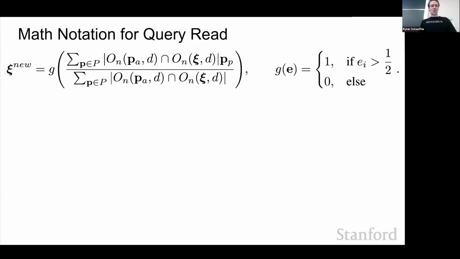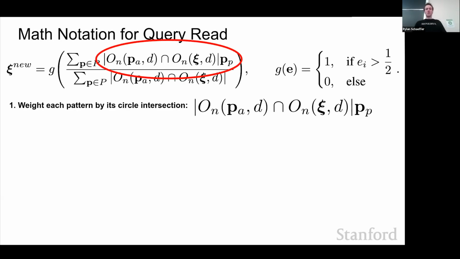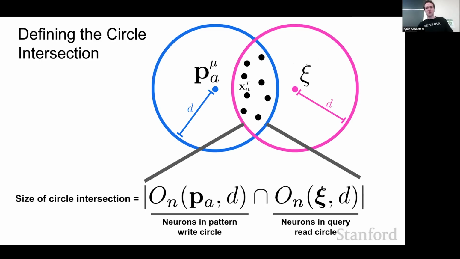So this is the full SDM update rule. I'm going to break it down. This is for reading, to be clear, so you've already written patterns into your neurons. The first thing you do is weight each pattern by the size of its circle intersection.